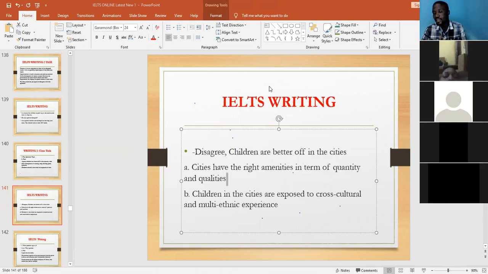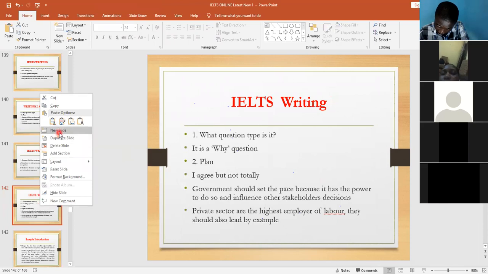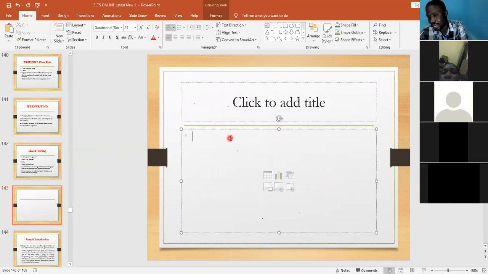Now I want to write an introduction. I will write it within the space of 5 minutes. Then, after I've completed mine, I will expect an introduction from your side too, within 5 minutes. Okay, I'm writing an introduction.